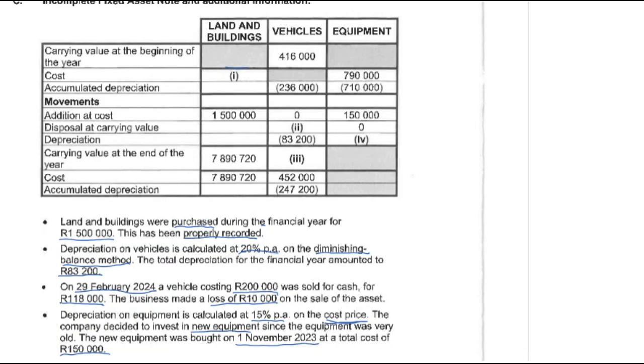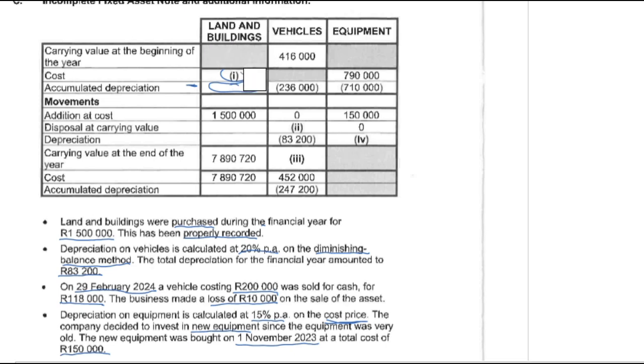The second equation you can pick up from the fixed asset note is the carrying value at the beginning of the year equals the cost at the beginning of the year minus the accumulated depreciation at the beginning of the year. If you look at the fixed asset note, you can see that the carrying value at the beginning of the year comes from taking the cost at the beginning of the year and subtracting the accumulated depreciation at the beginning of the year.